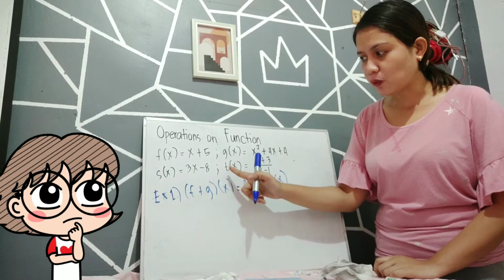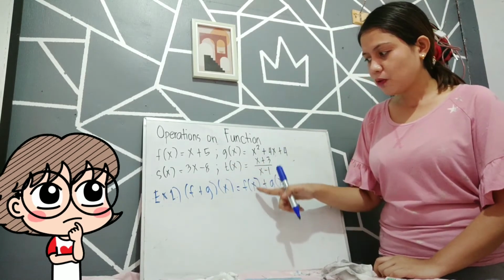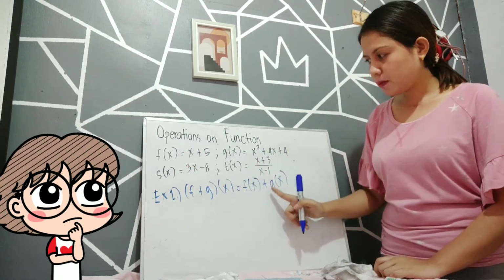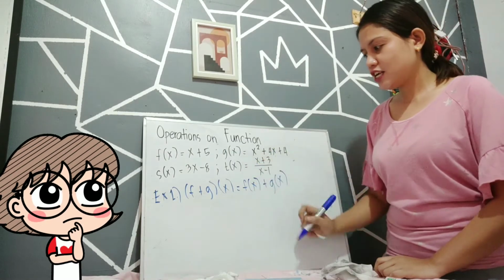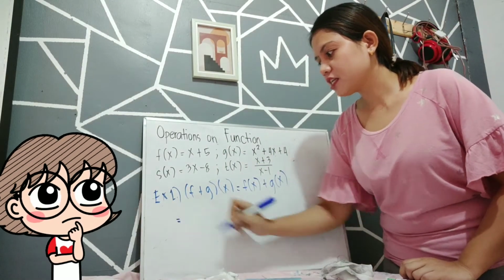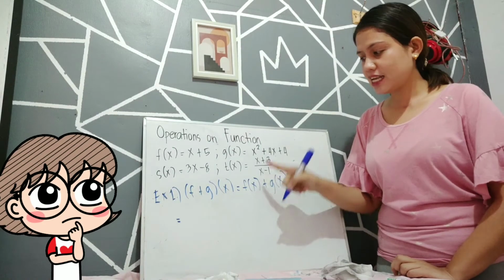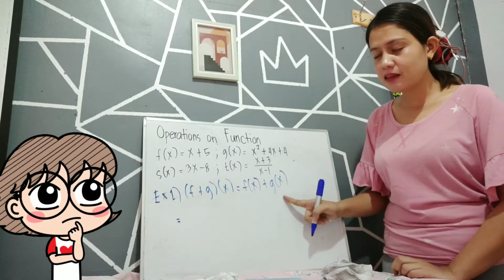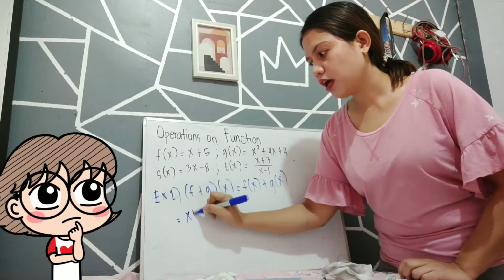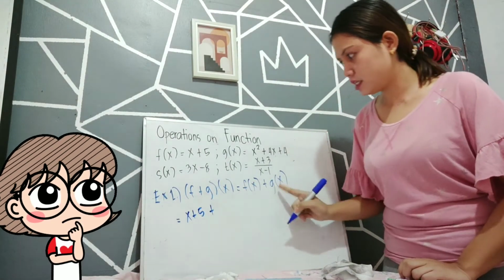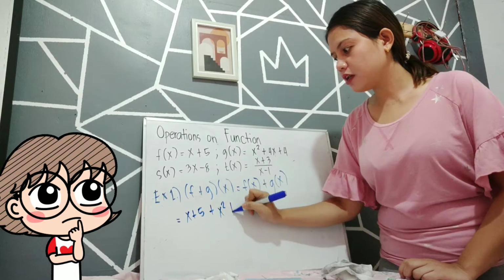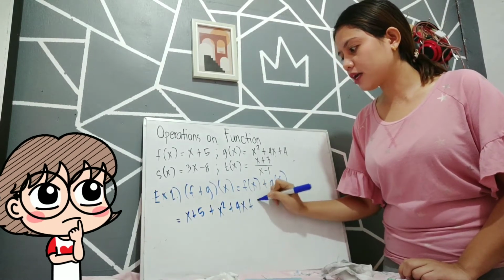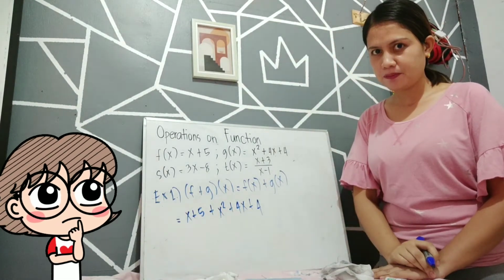Unlike here, once we have rewritten it, we will have f of x plus g of x. The next step is you replace the equivalent functions of f of x and g of x. So we'll have x plus 5 plus x squared plus 4x plus 4.